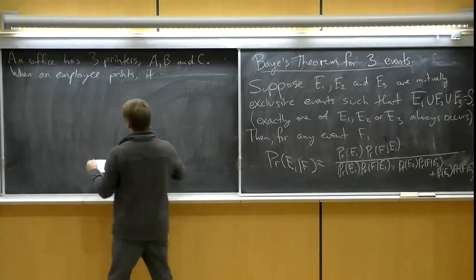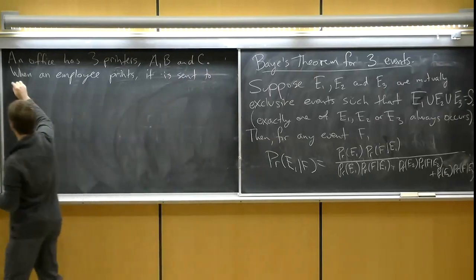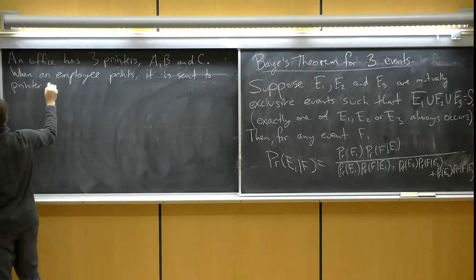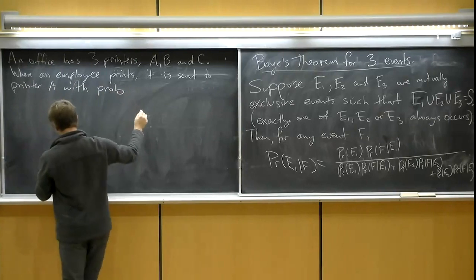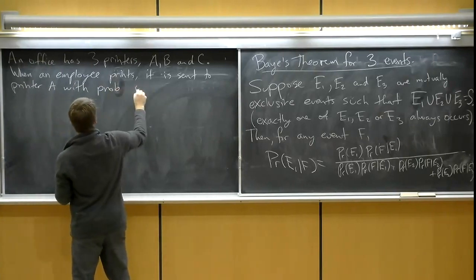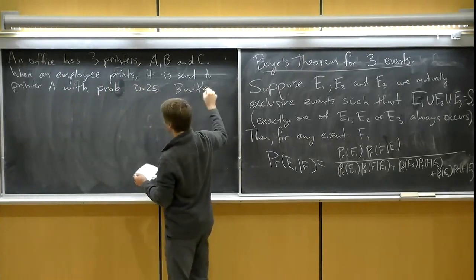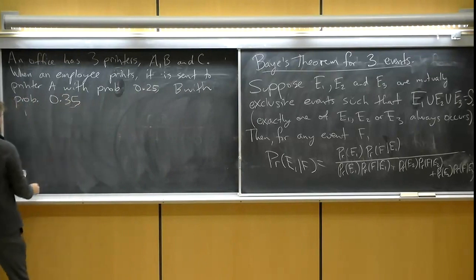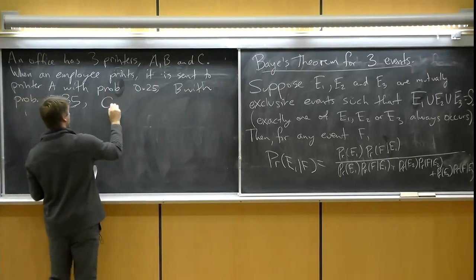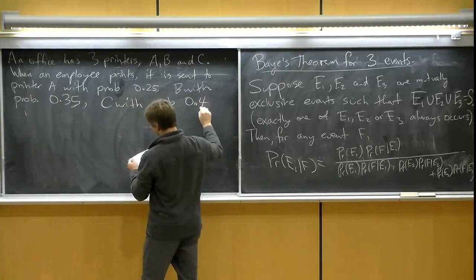It is sent to printer A with probability 0.25, B with probability 0.35, and C with probability 0.4.